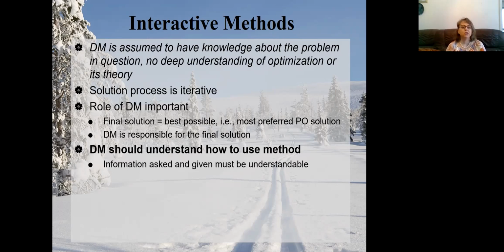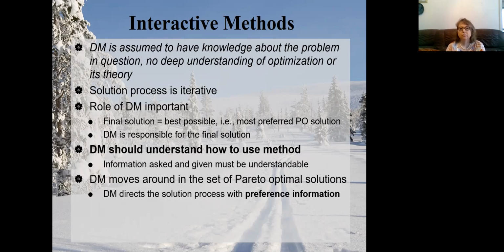By involving the decision maker in this kind of iterative manner, we need to find the type of information to exchange that is understandable to the decision maker. The decision maker needs to understand the question so that the answers can be meaningfully applied.